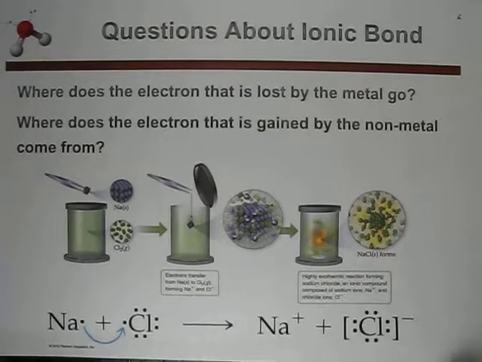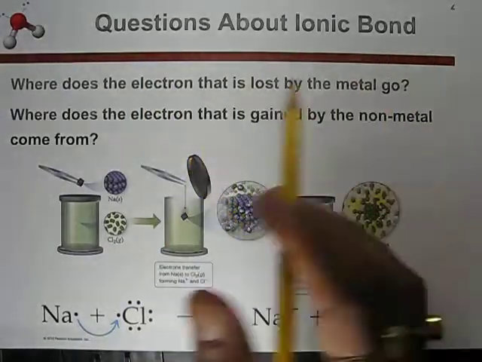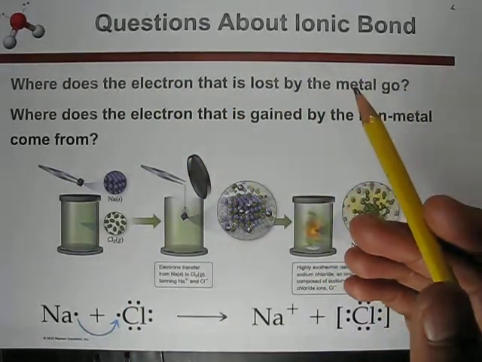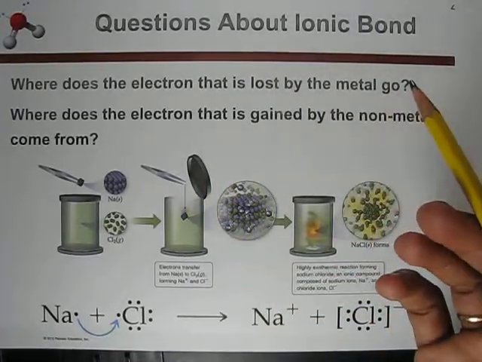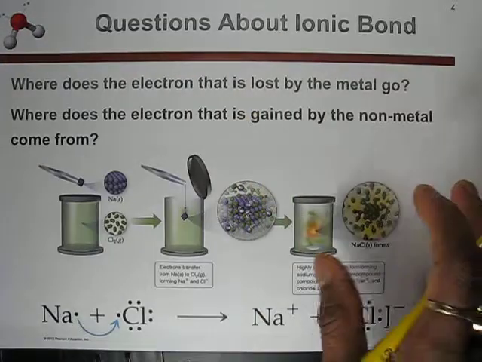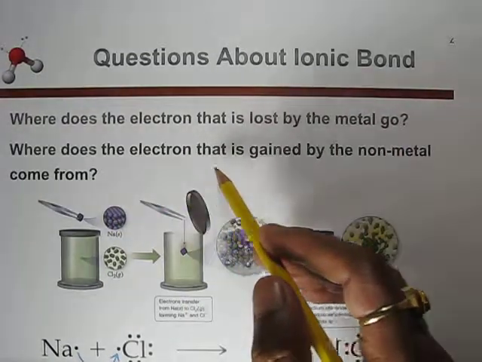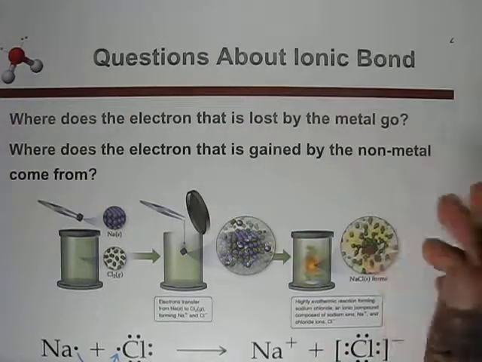The main thing about the ionic bond is that it is formed by the transfer of electrons. So the question is where the electron lost by the metal goes, and where the electron gained by the non-metal comes from.